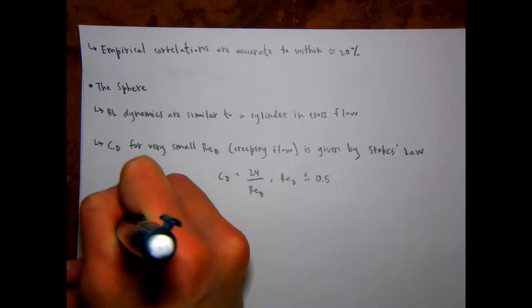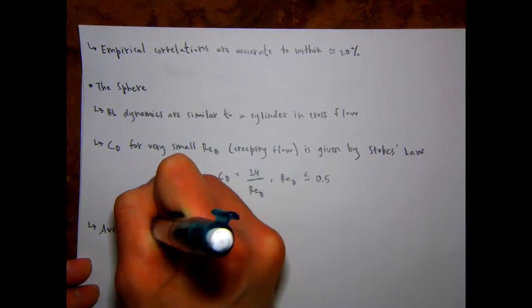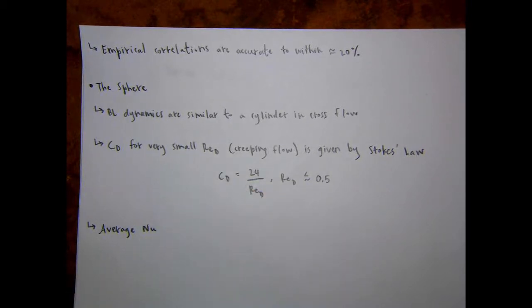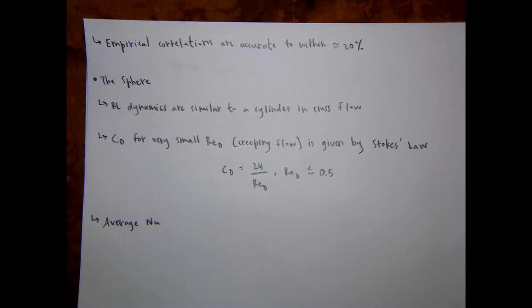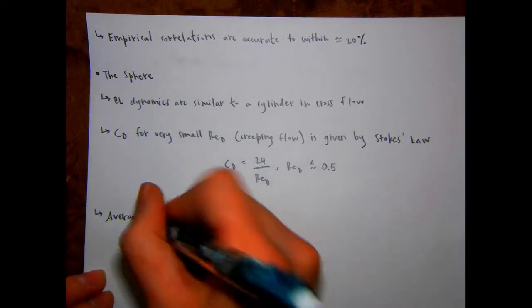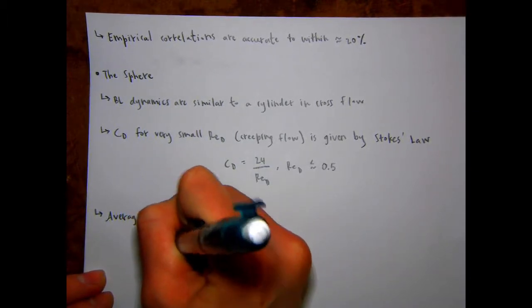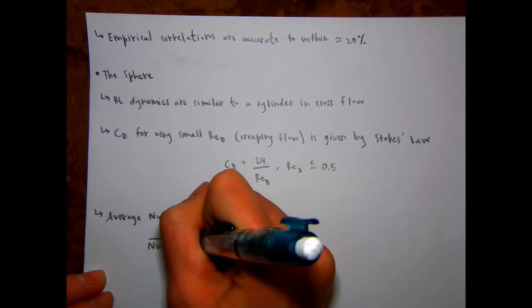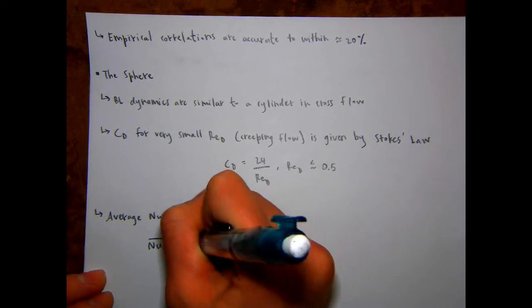We'll also write down the average Nusselt number for flow over a sphere. This one is slightly cleaner.